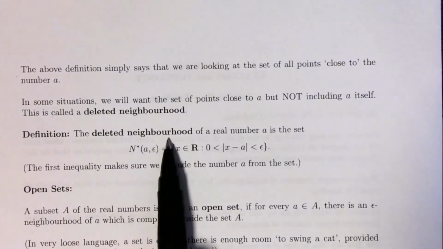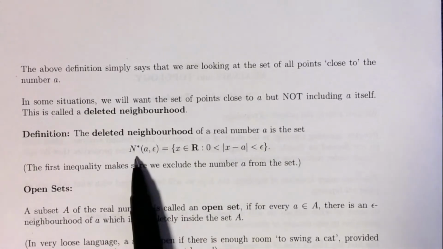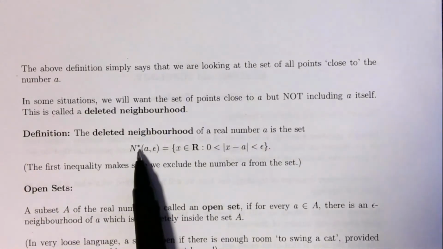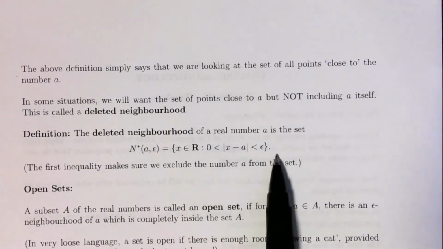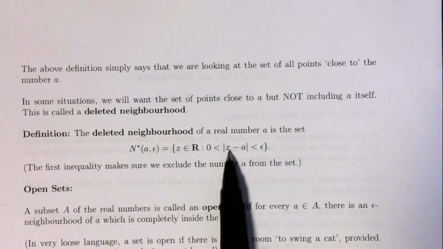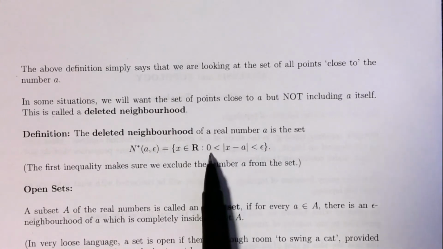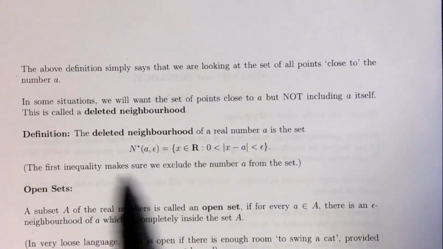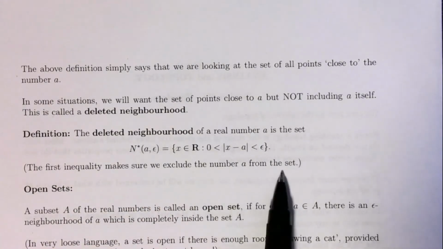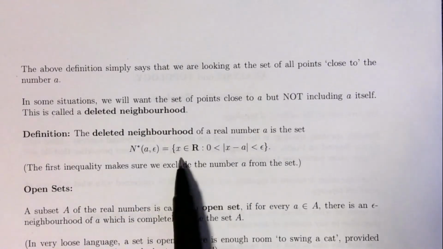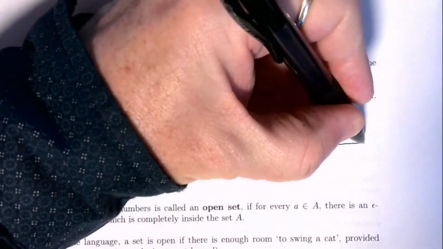The deleted neighbourhood of a real number A is this set, and we put a star up here to indicate it's a deleted neighbourhood. And it's exactly the same as before, except now we say that the absolute value of x minus A is strictly bigger than 0, and that means this first inequality ensures that we exclude the number A from the set.